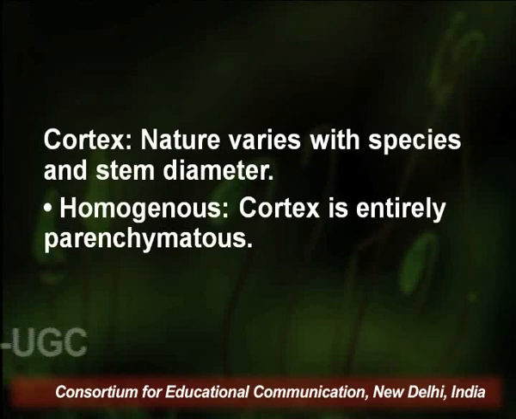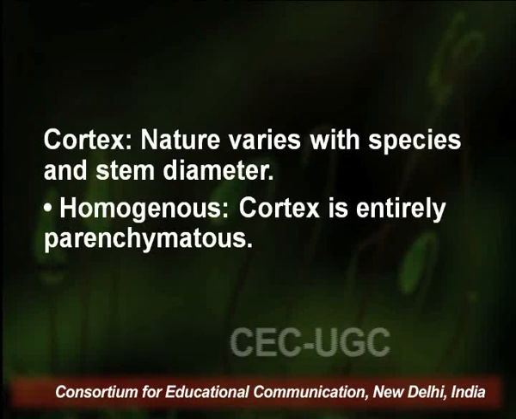In certain species, it is homogeneous in nature and entirely parenchymatous. Whereas in heterogeneous species, the cortex can further be divided into three zones: the outer chlorenchymatous zone, the middle parenchymatous zone, and inner sclerenchymatous zone.